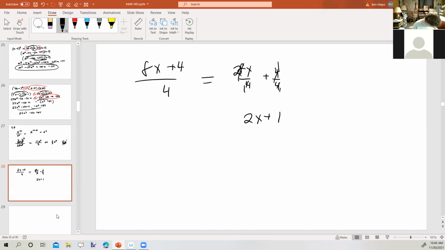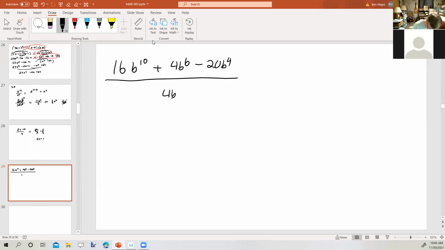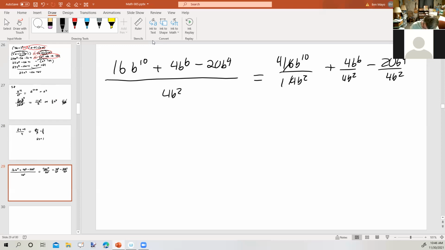Or if we have something like this, 16b to the 10th plus 4b to the 6th minus 20b to the 4th all over 4b squared. So a polynomial divided by a monomial, we take each term in the numerator and divide it by the term in the denominator, and then go back and reduce each fraction one at a time. 16 over 4 is 4 over 1.